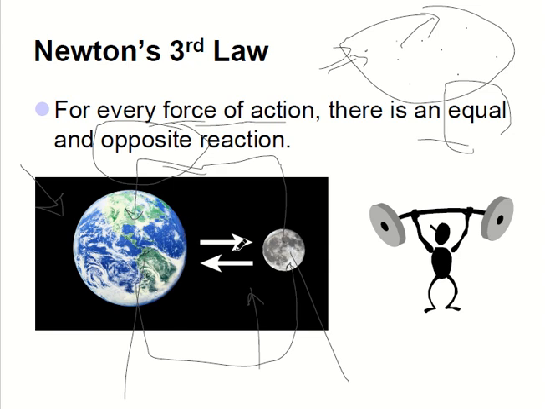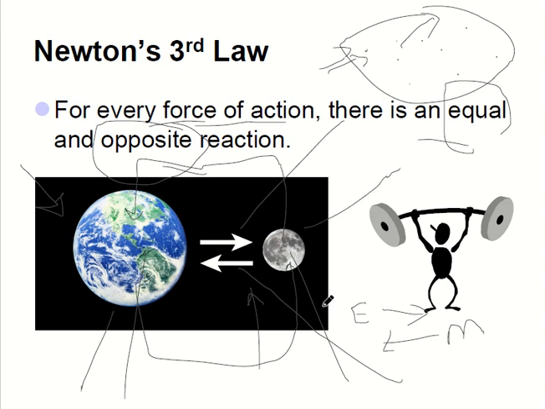You draw it with a little arrow like that, acting forces: the force acted by the earth on the moon and the force acted by the moon on the earth. We call that equal and opposite reaction. Otherwise, they would not be located at that position. They would be somewhere else if these forces were not equal.